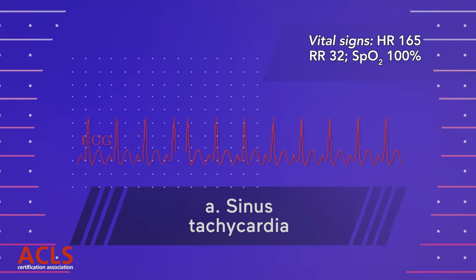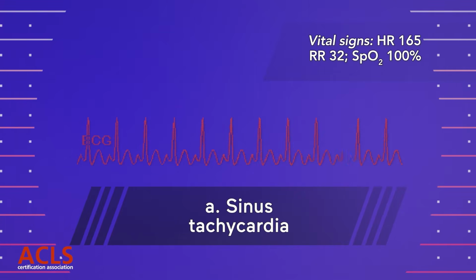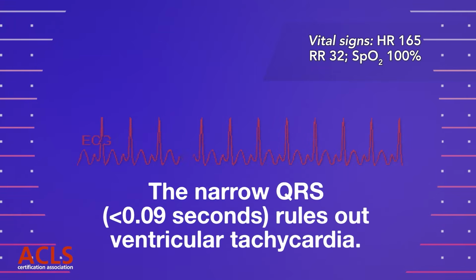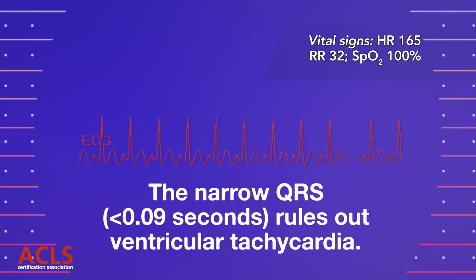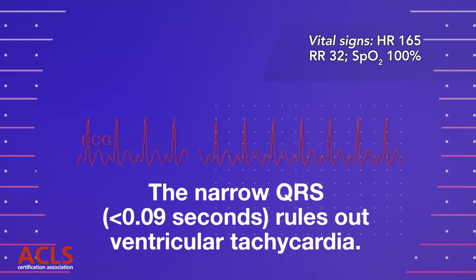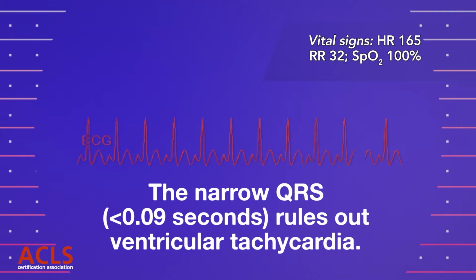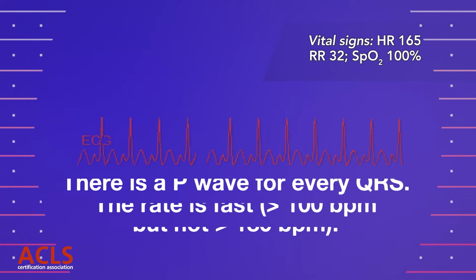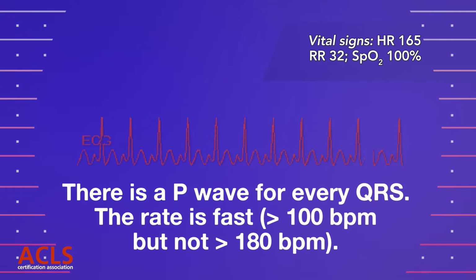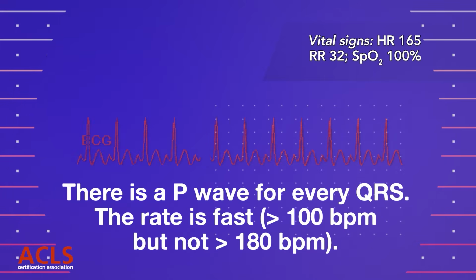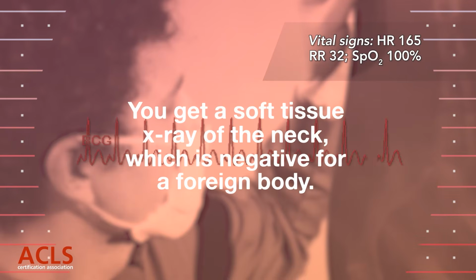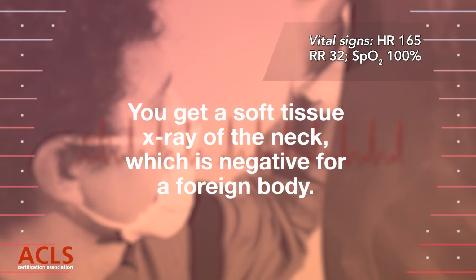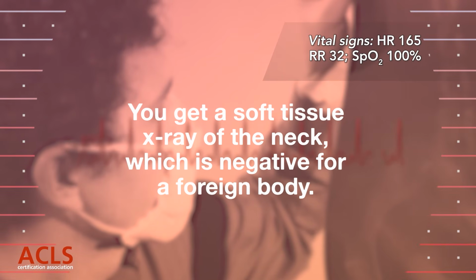Correct answer, A. Sinus tachycardia. The narrow QRS, less than 0.09 seconds, rules out ventricular tachycardia. There is a P wave for every QRS. The rate is fast. You get a soft tissue X-ray of the neck, which is negative for a foreign body.